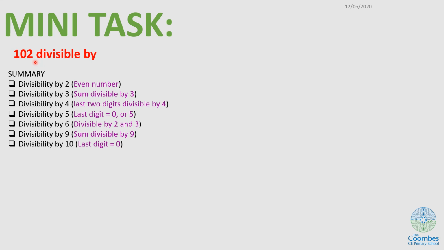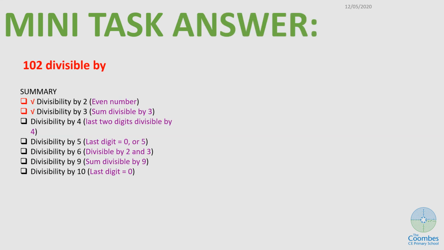102. Find which of these it is divisible by. How did you do? Now, if you remember the divisibility rules, you know that for a number to be divisible by 2, it must be an even number. And this is an even number because it has an ending of 2.